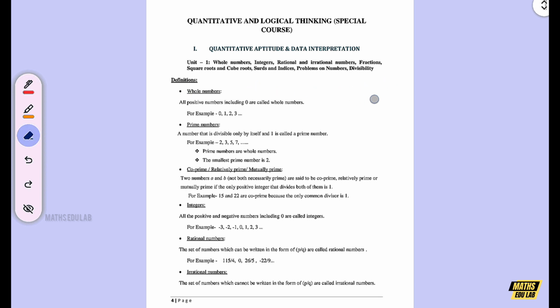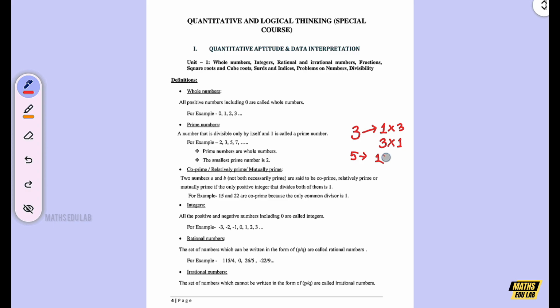A prime number is a number that is divisible only by itself and 1. For example, 3 is a prime number. Why? Because there are no multiples in 3 and it is only multiplied by 1: 1 times 3, or 3 times 1. So 3 is a prime number. Similarly, 5 is also a prime number.